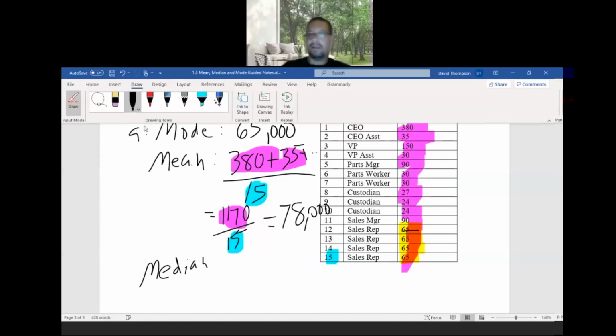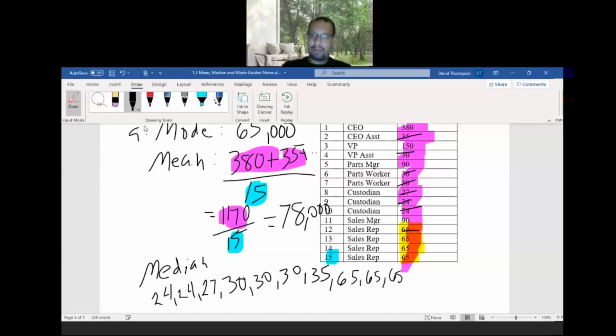Okay, so let's put them in order: 24, 24, 27, 30, 30, another 30, then a 35, then three 65s, then two 90s, then 150, and then 380.